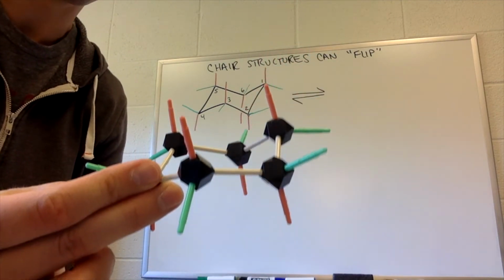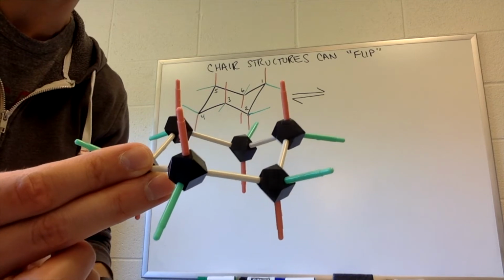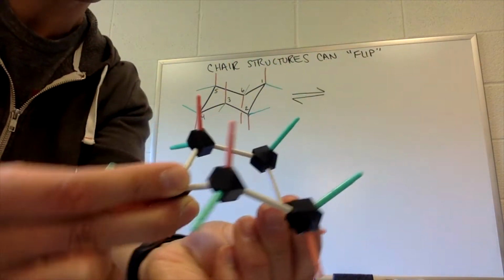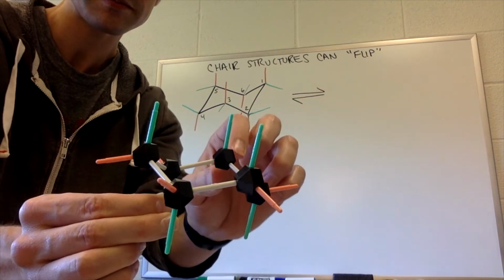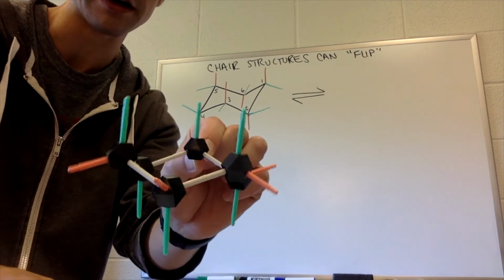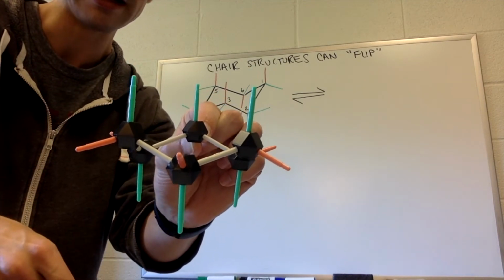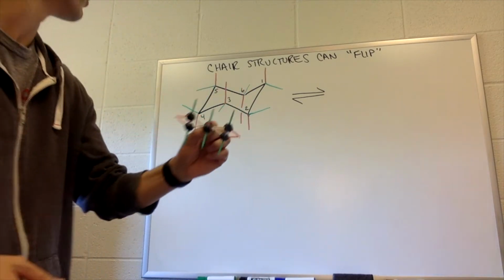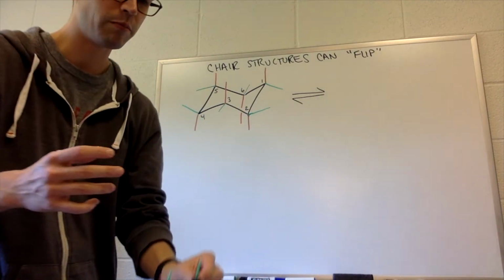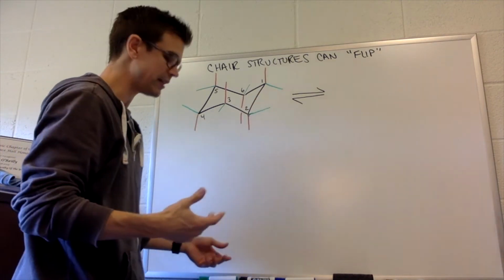And right now, before the chair flips, all of the axial substituents are the pink-red color. But when we flip the chair, what happened? Well, we can see now north and south here are the green. North is green, south is green, and east-west are all of the equatorial ones, and those are all pink. So it flipped. All of the green went from equatorial to axial, and vice versa.